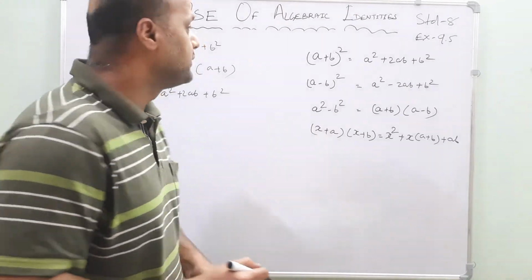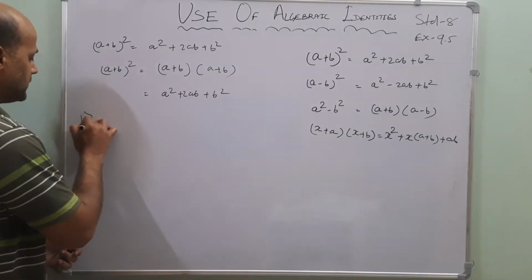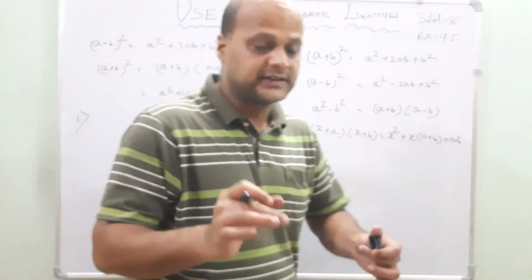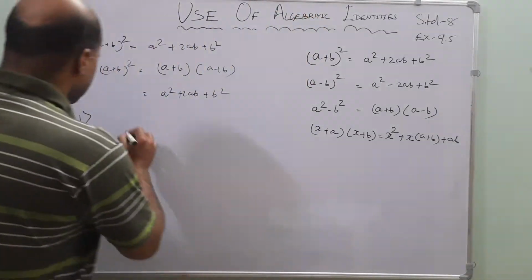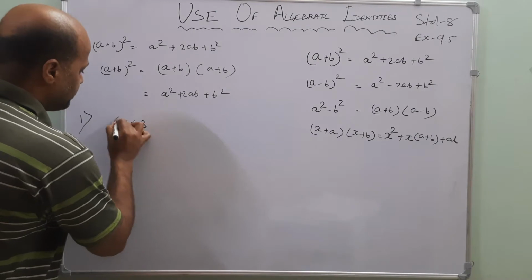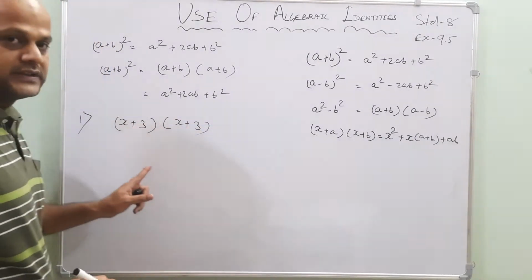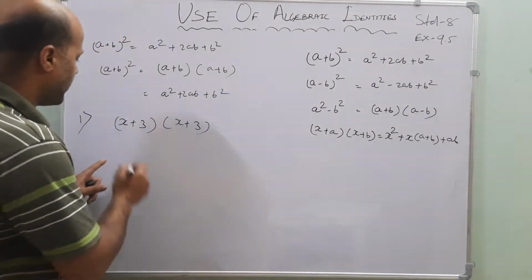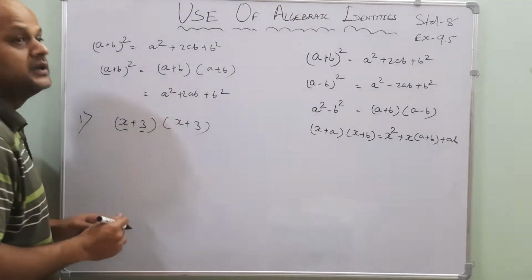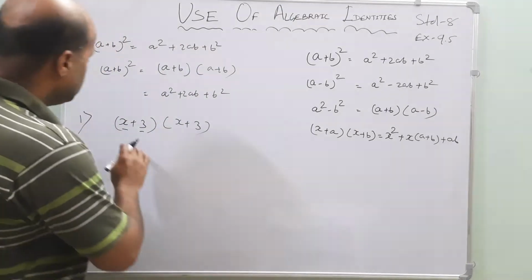The question is given in exercise 9.5, question number 1, regarding a plus b whole square. Let's see whether it is coming or not. It says x plus 3 into x plus 3. In this case, always remember you have to find the first and second terms, and which formula they give us. In these two cases, both of them are added.